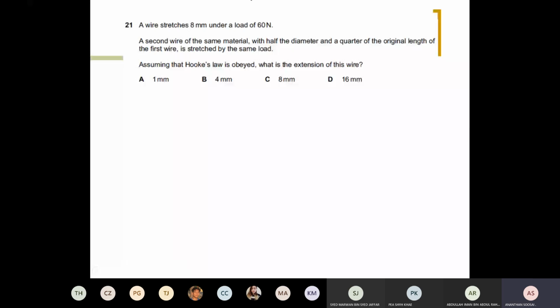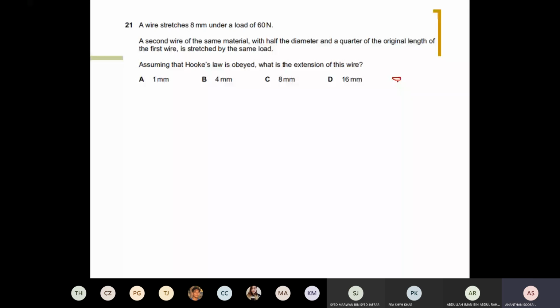A wire stretched 8 mm under a load of 60 Newton. So the wire was stretched 8 mm under load.